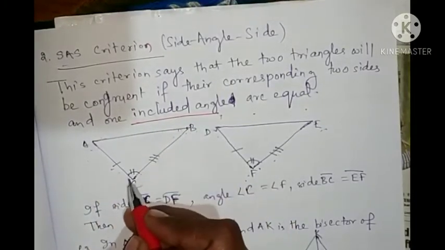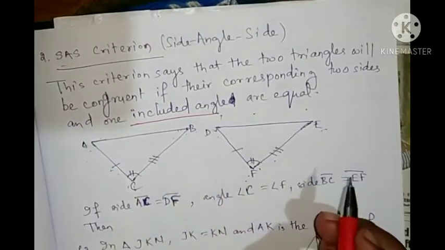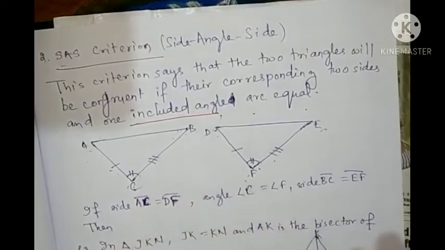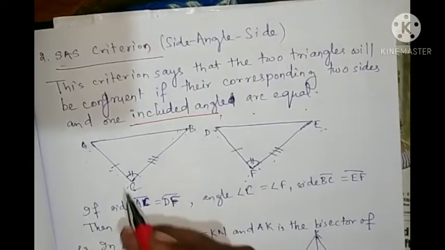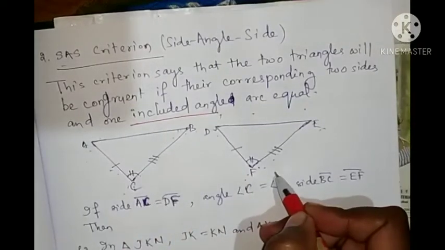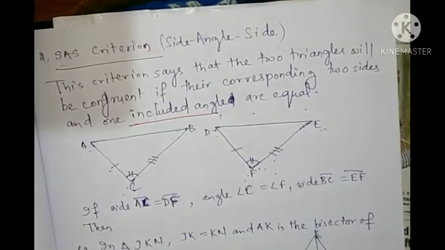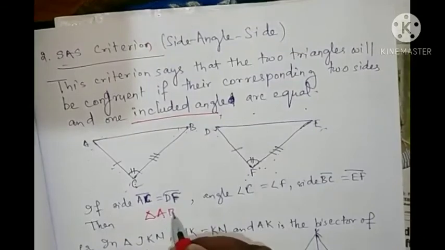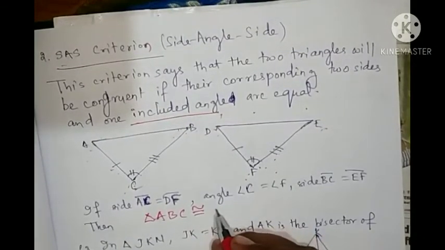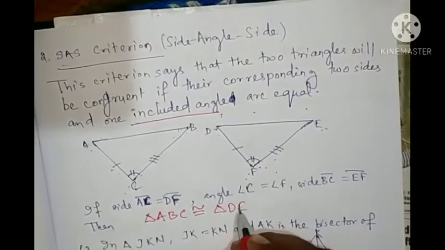The angle between the two sides is the included angle. So angle C is equal to angle F, and those are the included angles. Then you can say that triangle ABC is congruent to triangle DEF.